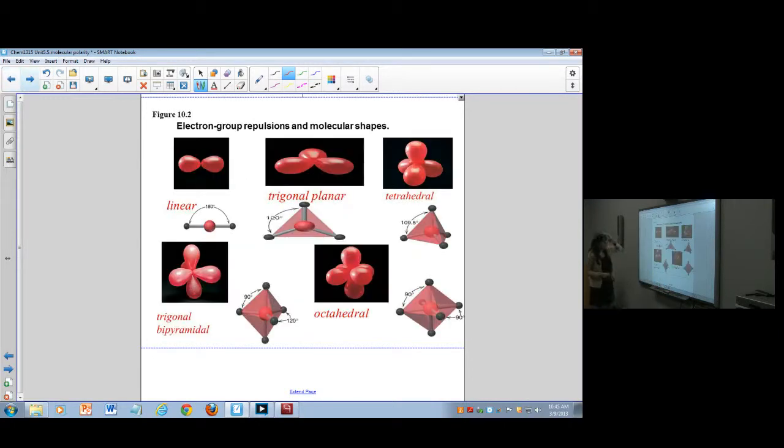And so in the last lesson under VSEPR, we looked at all of these electron groups. Now these are electron densities, or electron geometries.